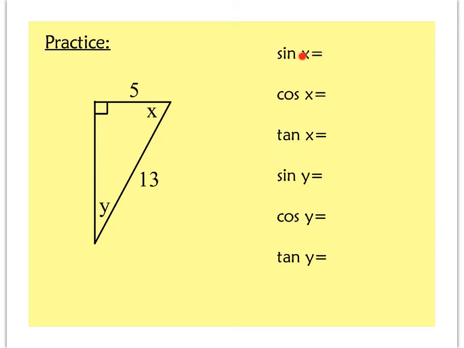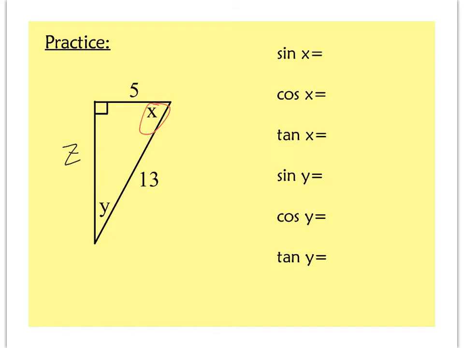So let's go through. Sine, some old hippie. So that's S-O-H. That's opposite over hypotenuse. Now, my reference angle in this one is x. Opposite over hypotenuse. So x, my opposite side's the one not touching it. It's my unlabeled side. So I am going to have to use it as z on this one.